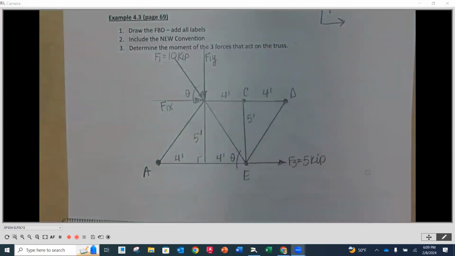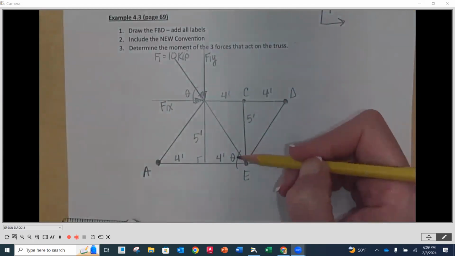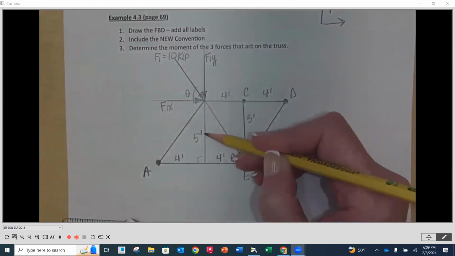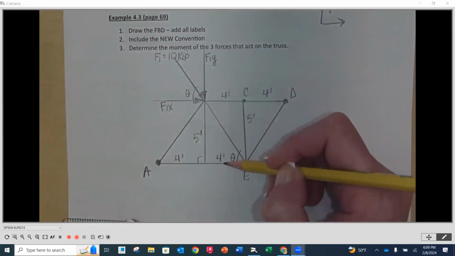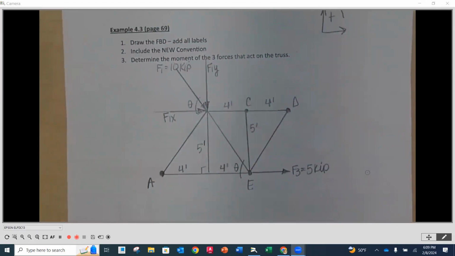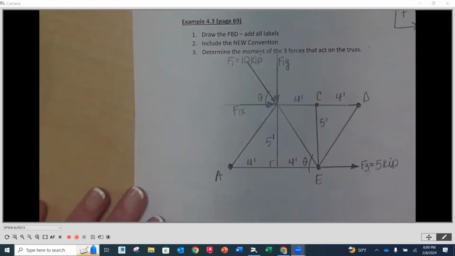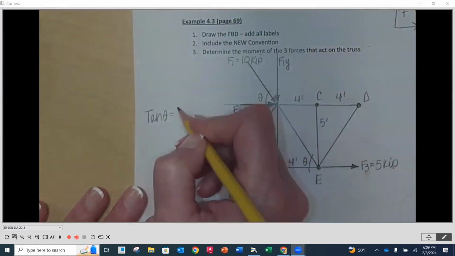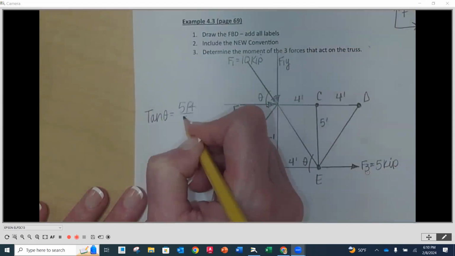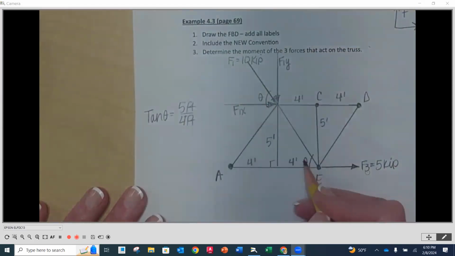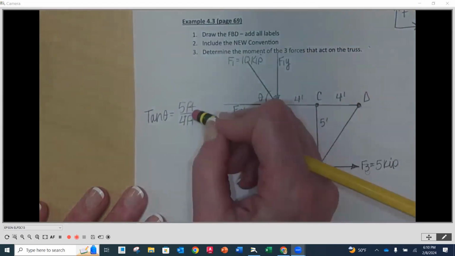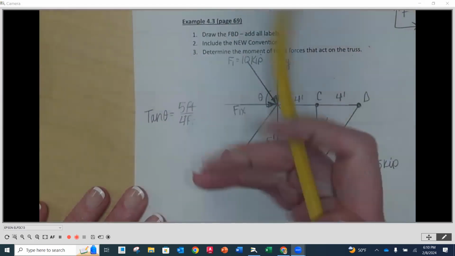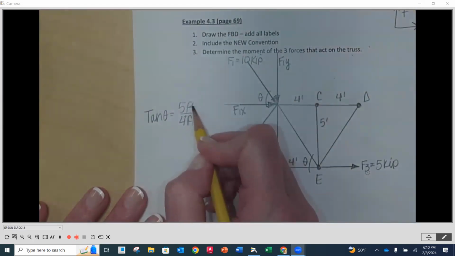So if we look down in here, we can determine theta by using the side opposite and the adjacent, or the tangent function. And I'm going to do that over on the side here just to ensure I've got enough room down below. So I'm going to say tan theta is going to be equal to 5 feet divided by 4 feet. Again, side opposite over adjacent. Feet cancel out.